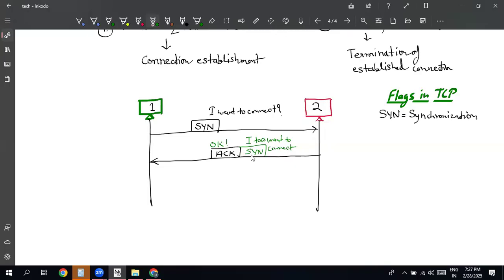And as again synchronization flag has been sent towards PC1, PC1 will again respond back with an acknowledgement. And this is the acknowledgement which basically creates the reliability between the TCP related protocol operations. So another acknowledgement would be reverted back.